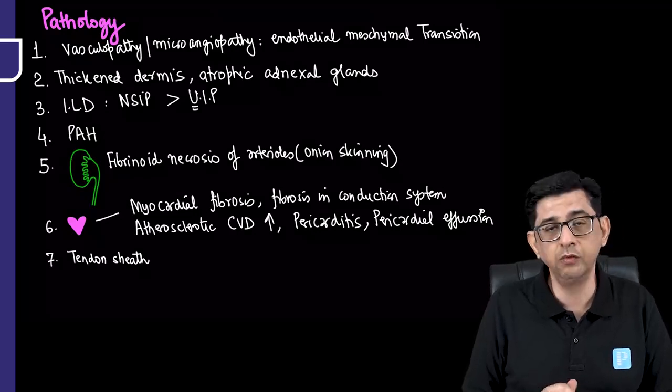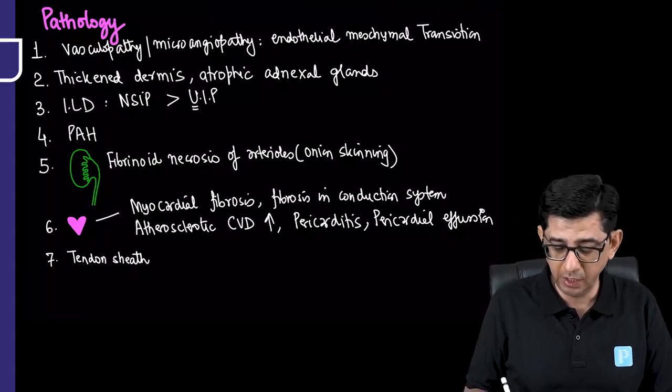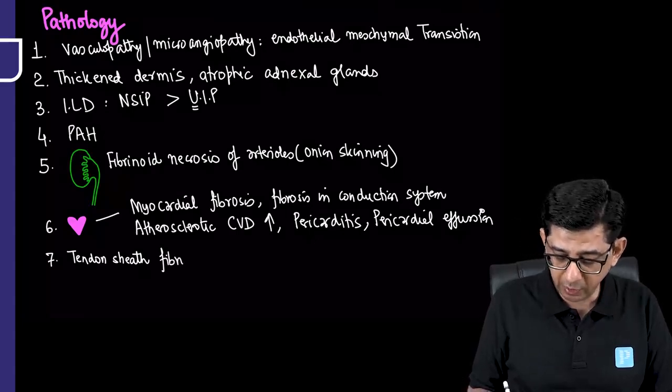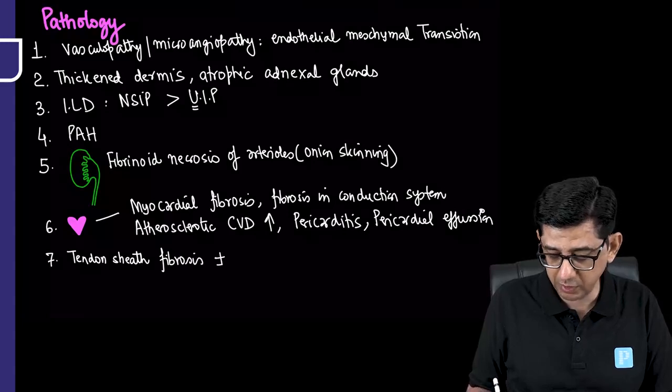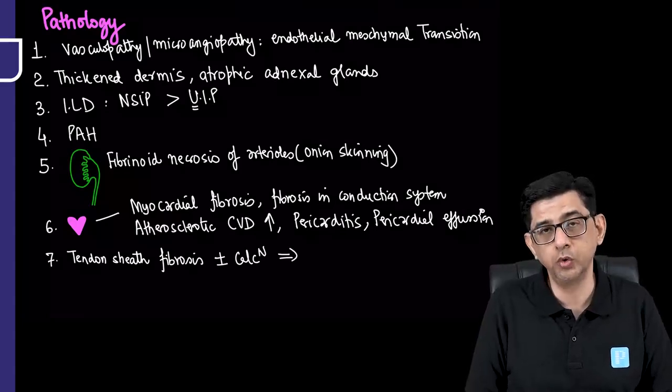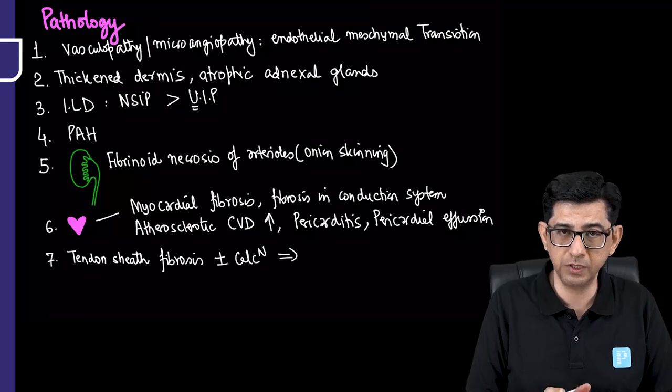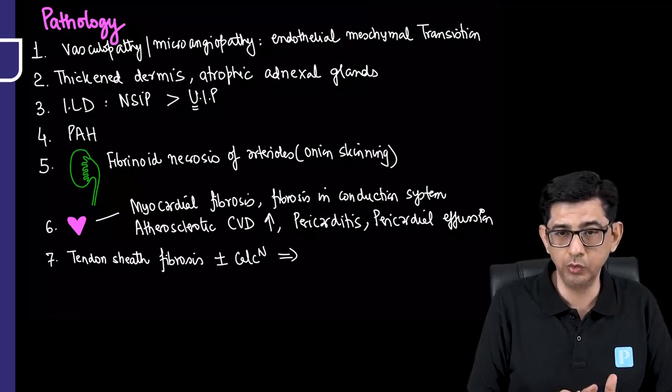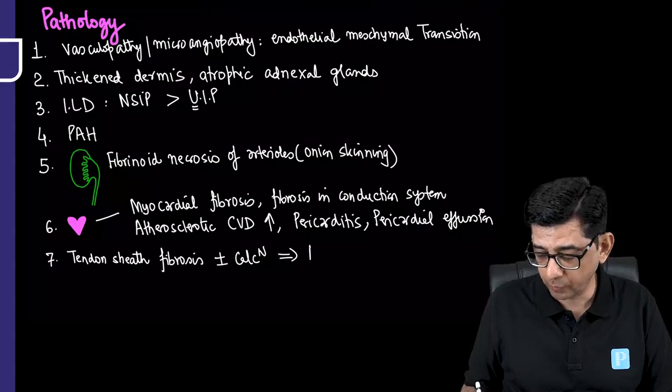Then apart from the heart involvement, tendon sheath involvement is present. As I've explained in the earlier part, there would be tendon sheath fibrosis present plus or minus calcification. And as a result of this combination of the two, whenever the particular muscle which is attached to the tendon is being used, we might be able to hear audible tendon friction rubs on use of the muscle.